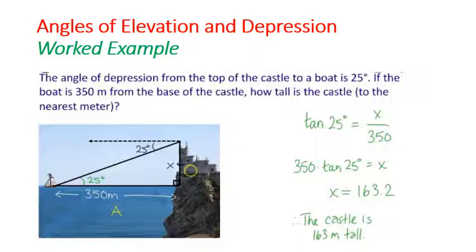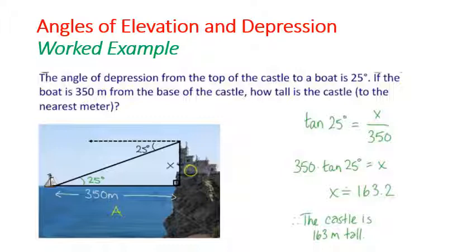And on the left-hand side, the theta value in front of tan has been replaced by 25. So again, a rearranging of the equation: we're taking 350 across to the right-hand side by multiplying both sides by 350. We're left with X on the right by itself, which is good, and on the left we have 350 times tan 25 degrees.